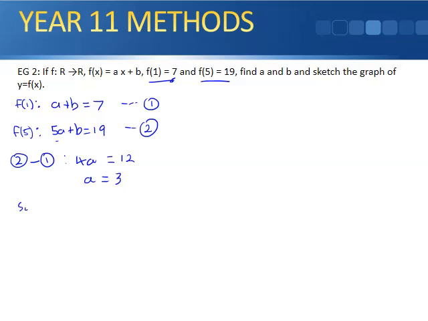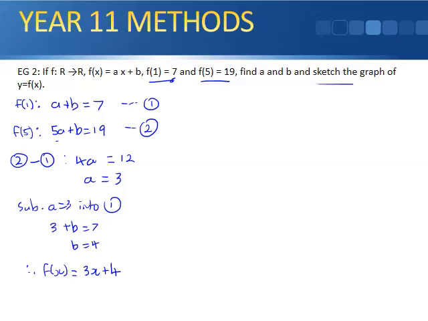And if a is 3, I'm going to substitute a equals 3 into equation number 1 and get 3 plus b equals 7, therefore b equals 4. Therefore my rule is f(x) equals a, which is 3x, plus b, which is 4.